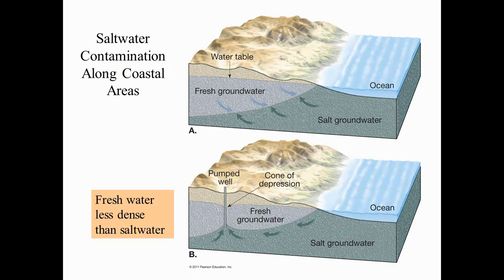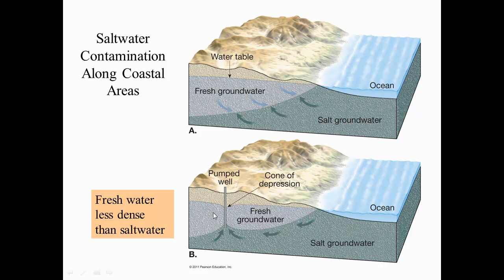Coastal areas can have a problem with saltwater contamination. Notice in the upper block diagram, figure A, we have fresh water overlaying salty groundwater. And the reason is because fresh water tends to be less dense than salt water. And just like in the case of oil and vinegar, or oil and water, you get this separation.